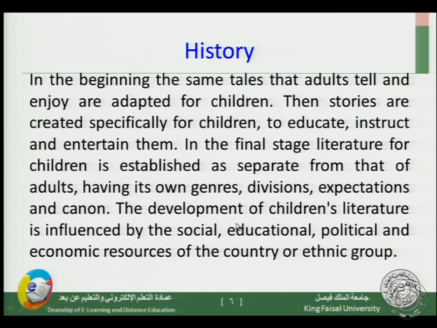It develops according to these factors: the social conditions of those people, the educational circumstances, the political scene, the economic scene. All such matters interfere together or cooperate together to give us what is called children's literature.